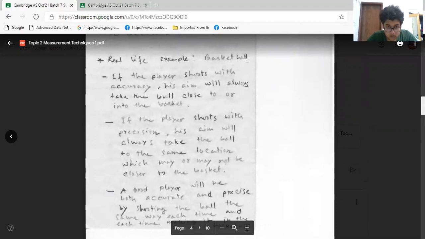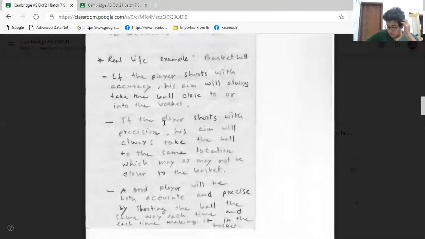Can you read it? Yeah, sure, you can read it from there. If the player shoots with accuracy, his aim will always take the ball close to or into the basket.